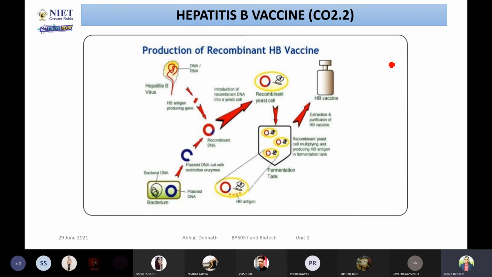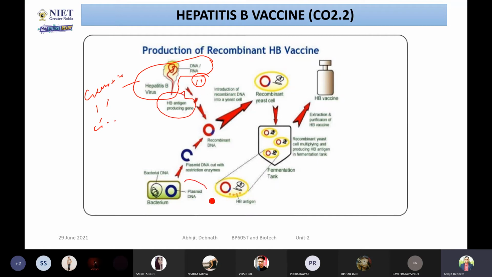For the production of the hepatitis B vaccine, first you need the hepatitis B virus. From that virus, you have to take its genomic material, DNA or RNA. From that genomic material, you take a certain part, not the entire genome, only one gene or two or three genes, and that gene should be an antigen-producing gene.